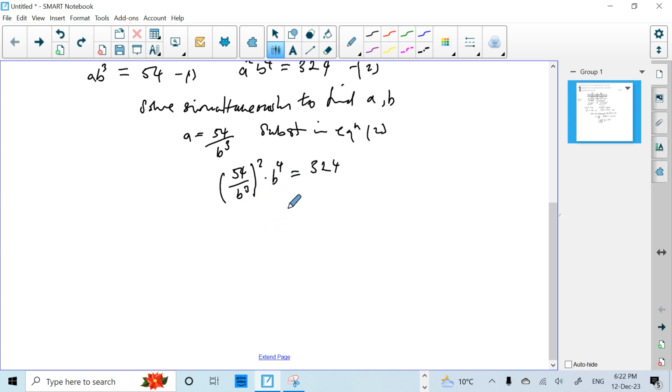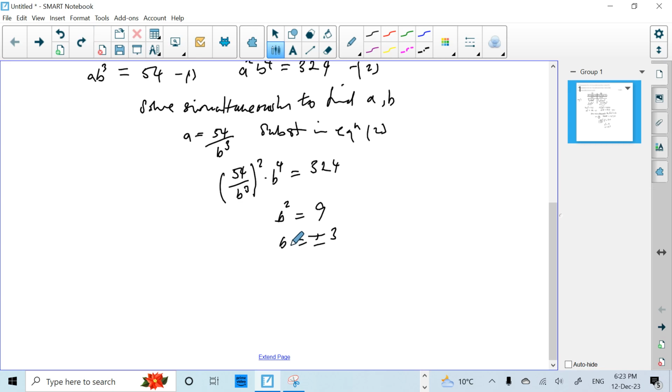You end up with b squared is equal to 9. Apologies, you're all in real time. So b squared is equal to 9, so b is equal to plus or minus 3.